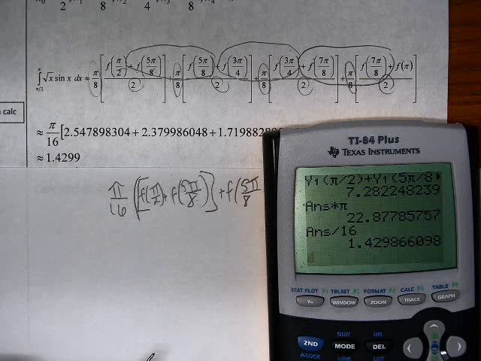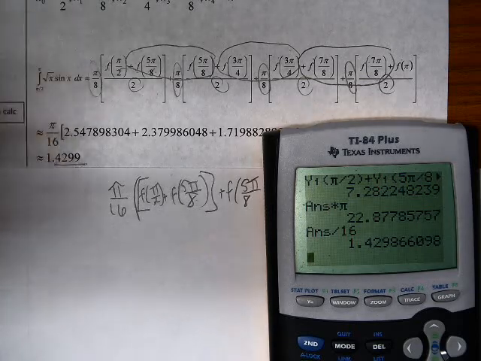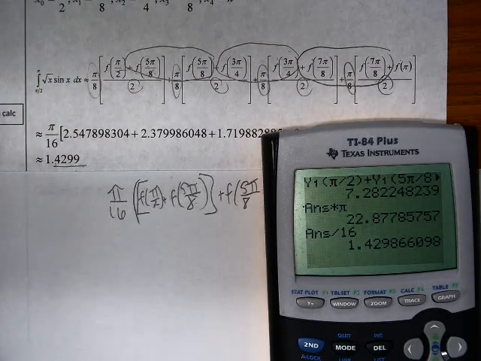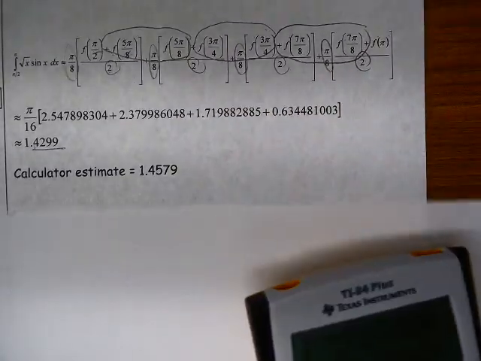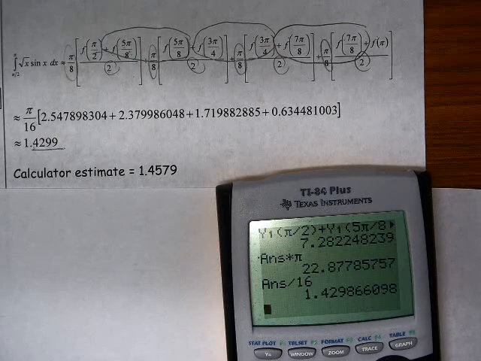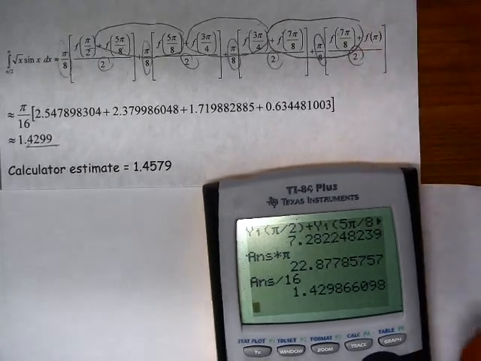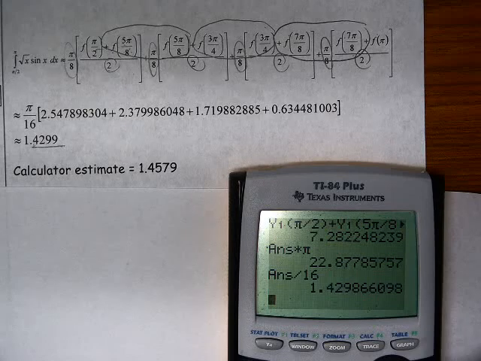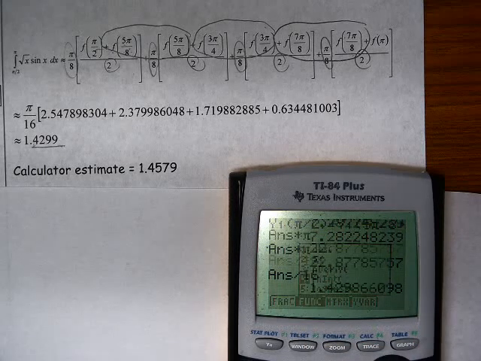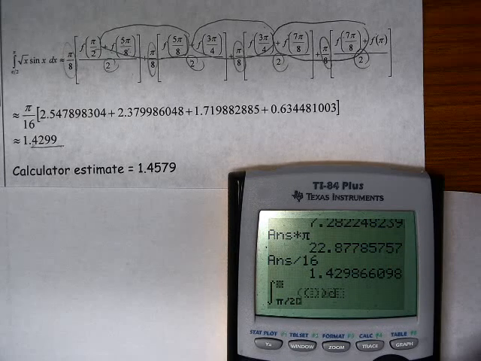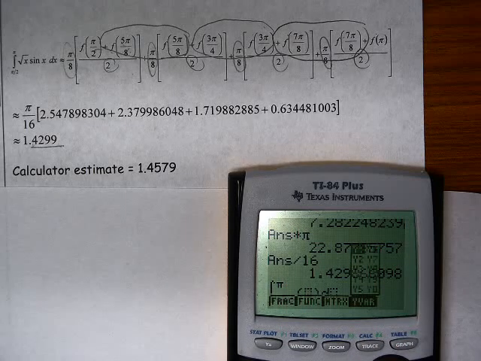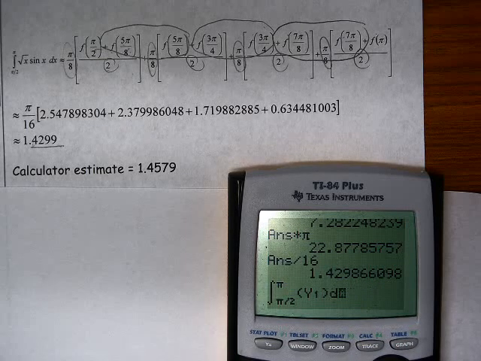So I got 1.4299. I always want to keep 4 decimal places, and I have here the calculator estimate is 1.4579, and let's see where we get that from. If I go alpha f2 function integral from pi over 2 to pi of the function y1, and we're integrating with respect to x.